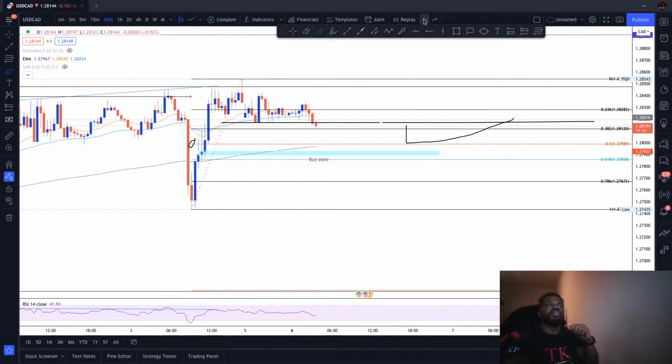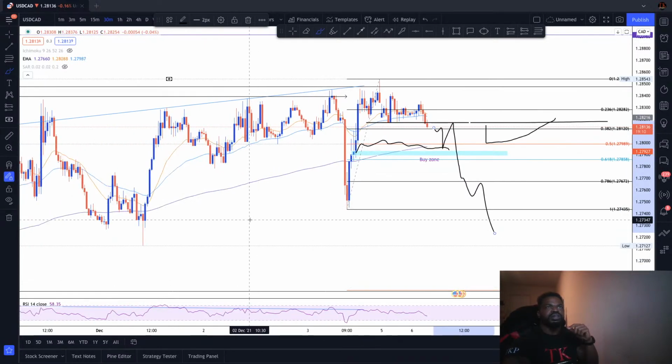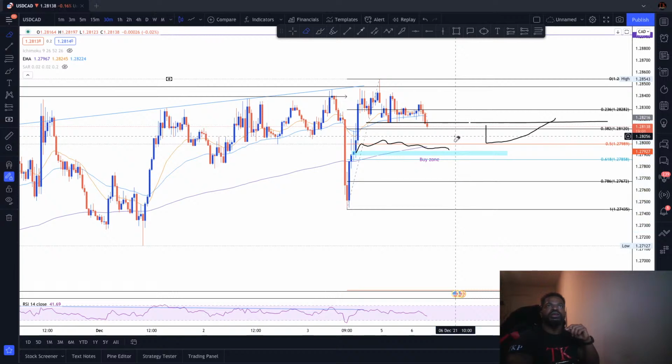So this is potentially a nice rejection area if price breaks here. There is a chance that we could even see 786, but if we see 786, we could continue to move down. So let's just monitor to see what happens with the USD CAD.